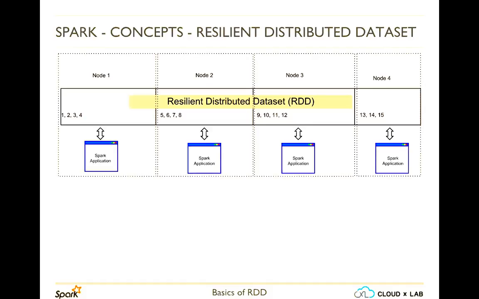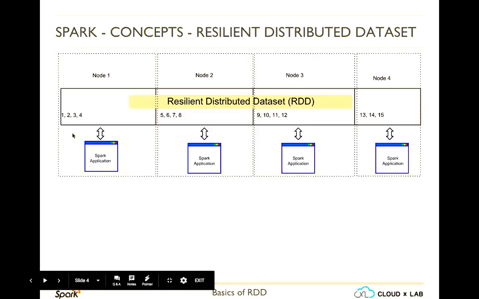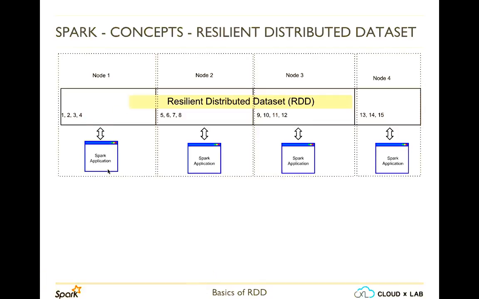When we process this RDD, when we do some kind of computation, what it means is we're going to run our code against this data inside this application. So RDD is basically a resilient distributed dataset in which the parts of it are processed on multiple machines.